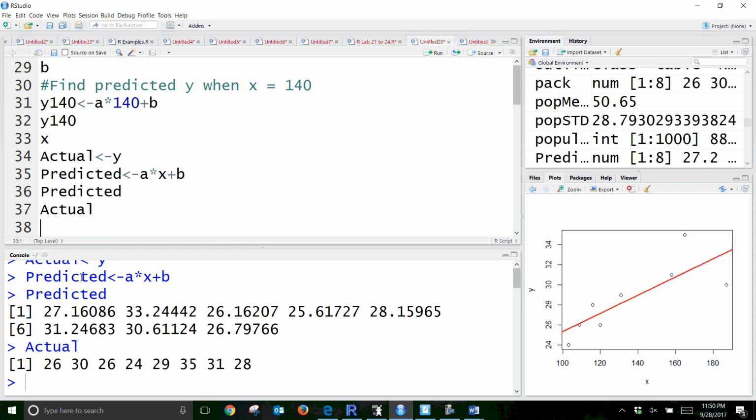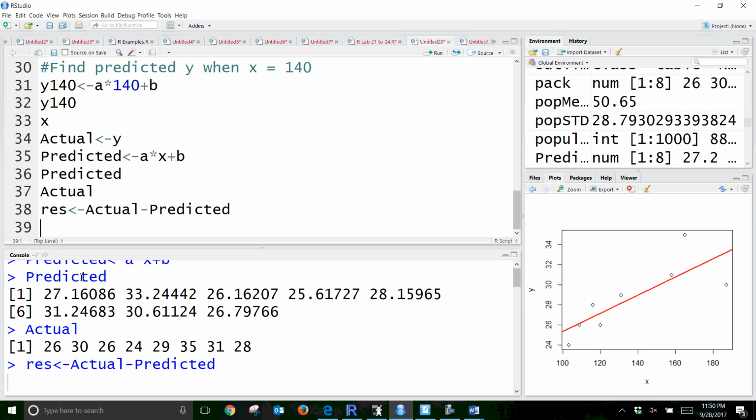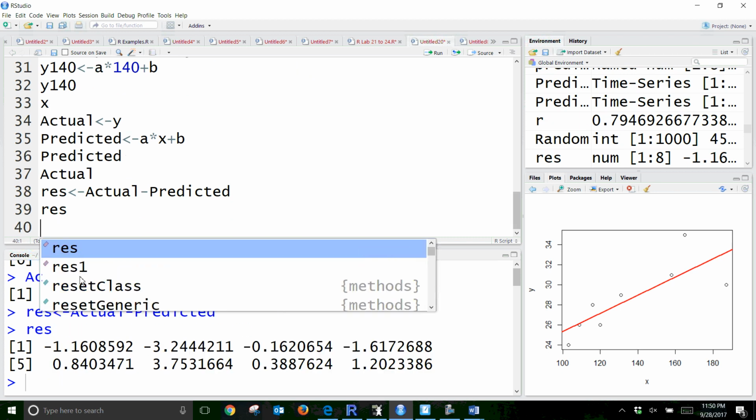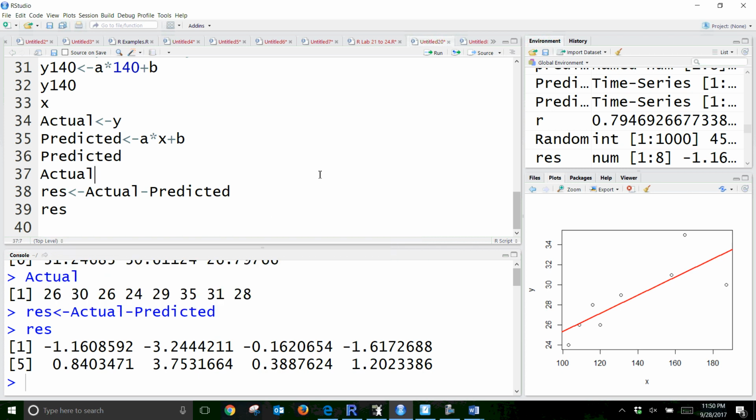So let's call the residuals RES. And we're going to say that is going to be actual minus predicted. And if you look at that, notice that our first 4 values are negative and our second 4 values are positive. So again, you're going to want to copy and paste a snippet of those residuals into your answer key.